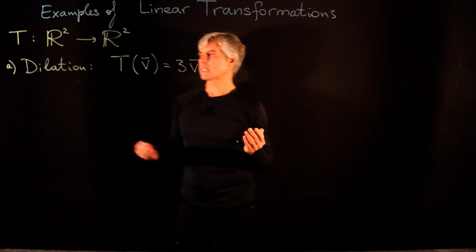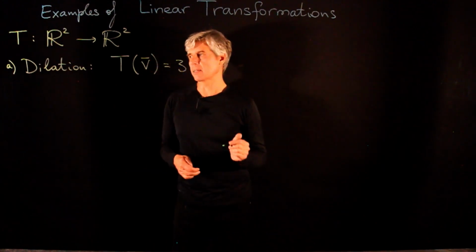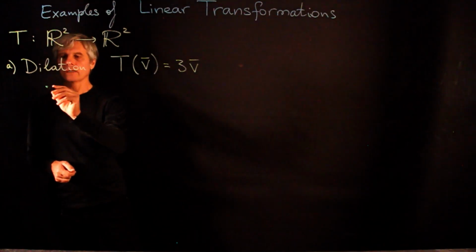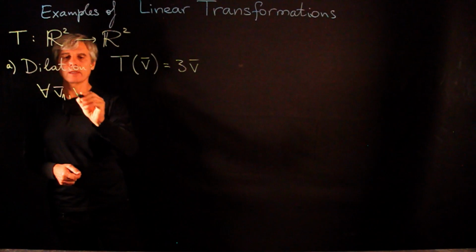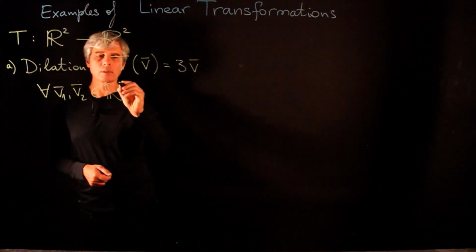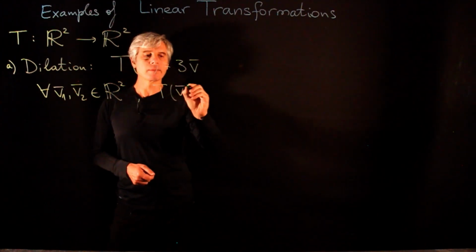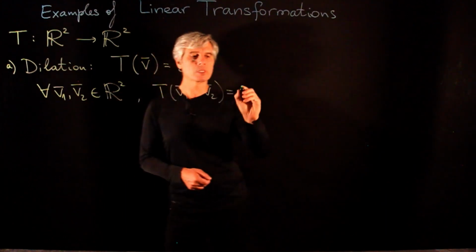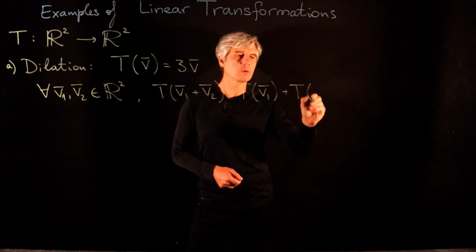Now, let's verify that this transformation is linear. We need to check that for all V1 and V2 in R2, T of V1 plus V2 is equal to T of V1 plus T of V2.